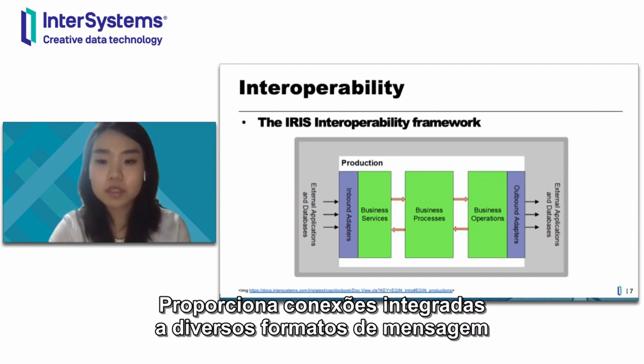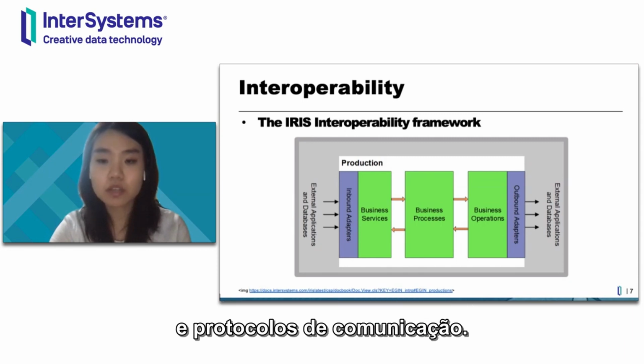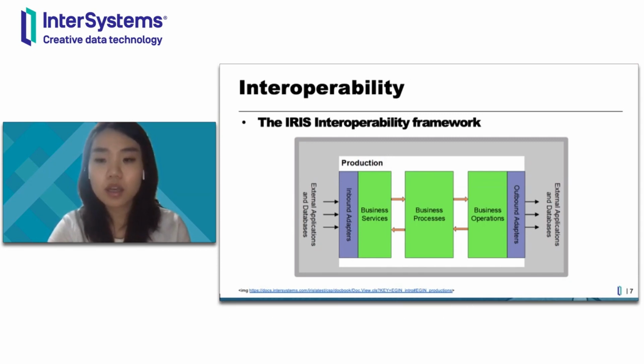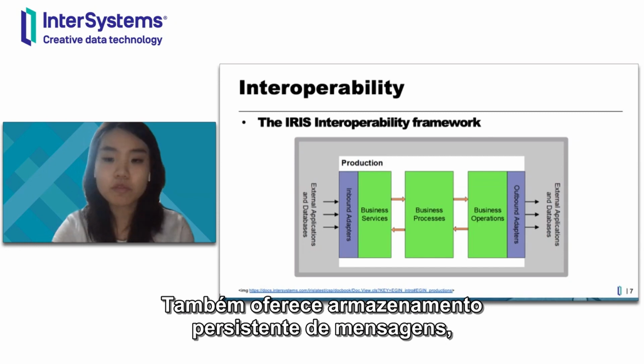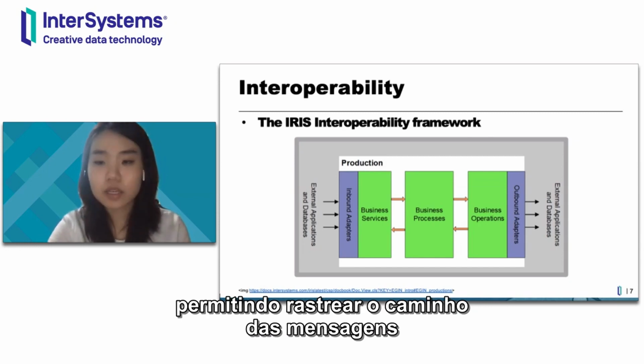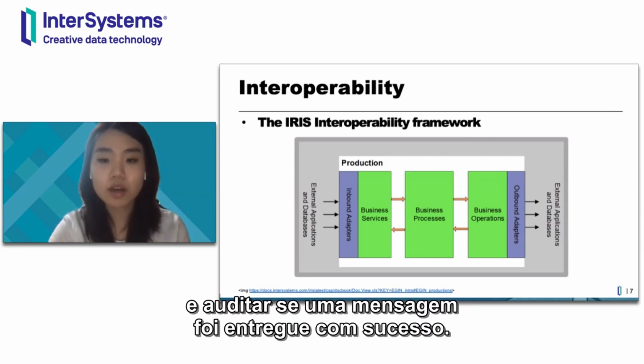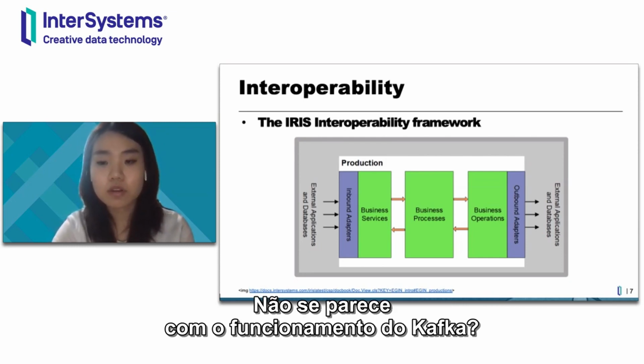It provides built-in connections to a wide variety of message formats and communication protocols. It also provides persistent storage of messages, allowing tracing the path of a message and auditing whether a message is successfully delivered. Don't they sound familiar from the earlier slides on Kafka?